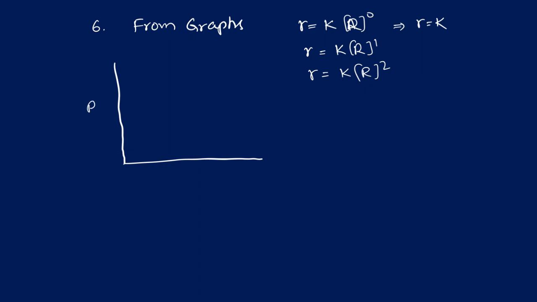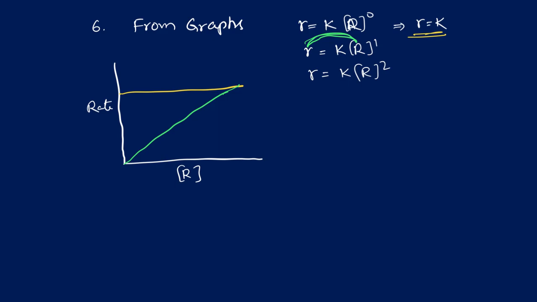This is called rate and this is called concentration of reactant. Now first one, rate does not depend on the concentration of reactant, therefore this is a constant straight line. And next one, first order reaction, rate and reactant are directly proportional. Therefore, for example, I can draw like this. This is a first order reaction.